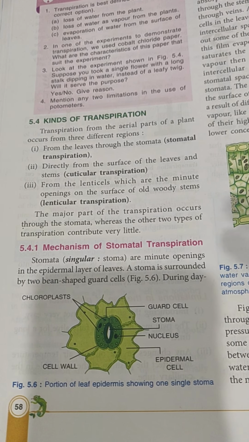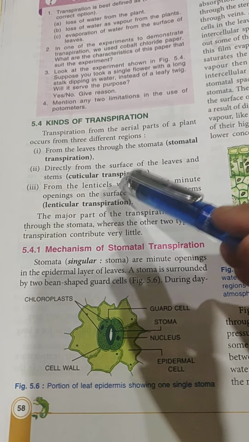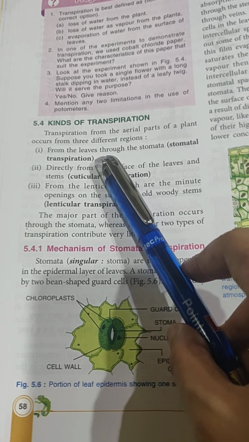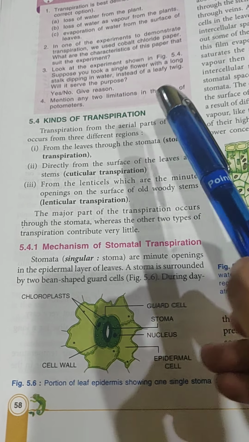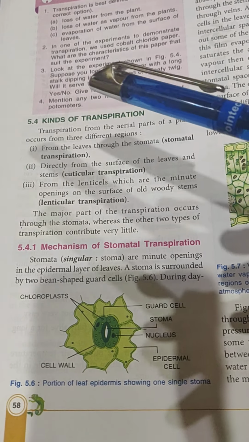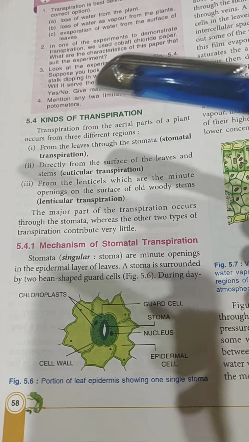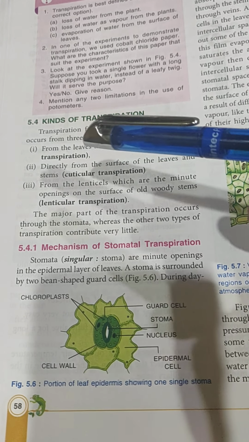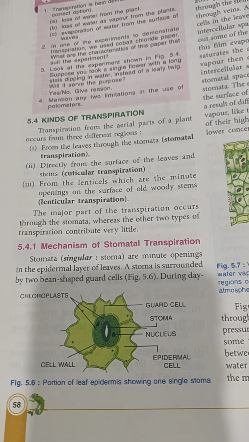types. If the transpiration is taking place from the leaves through the stomata, it is known as stomatal transpiration. If it is from directly the surface of the leaves and stems, we call it cuticular transpiration.